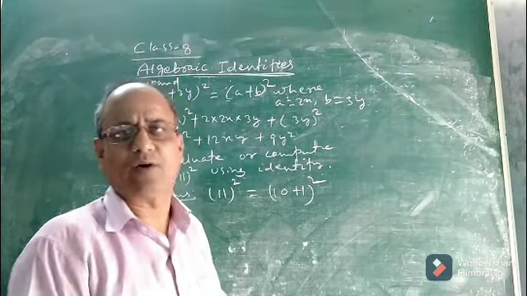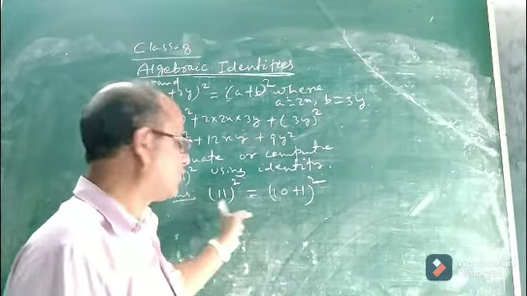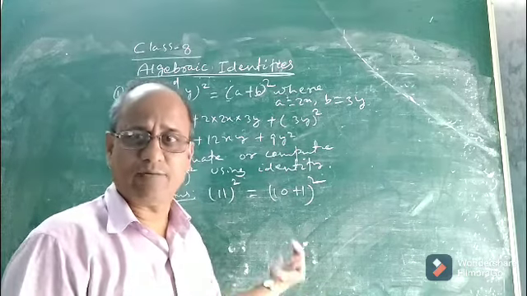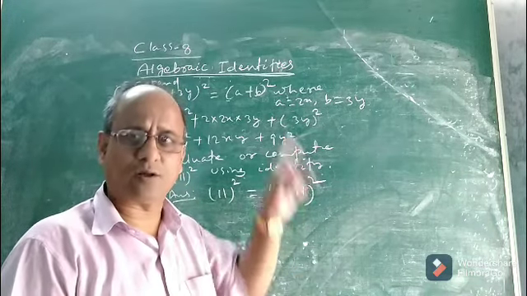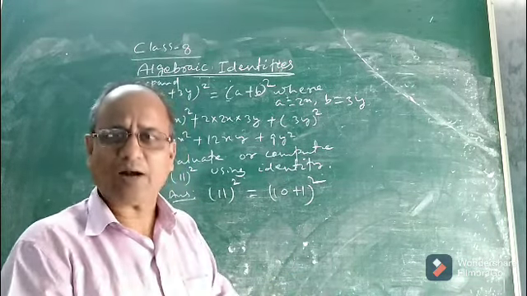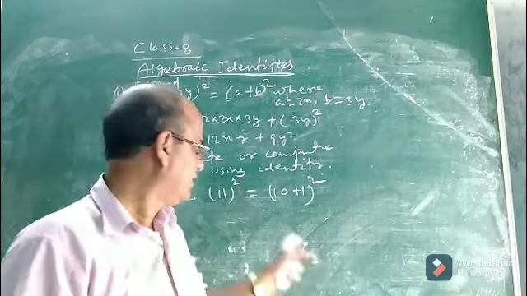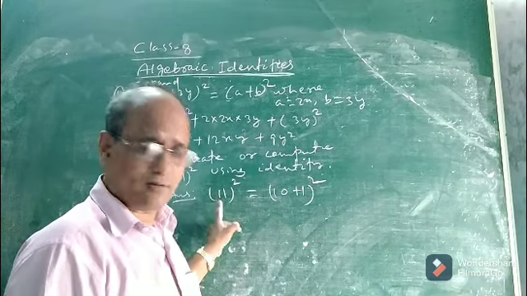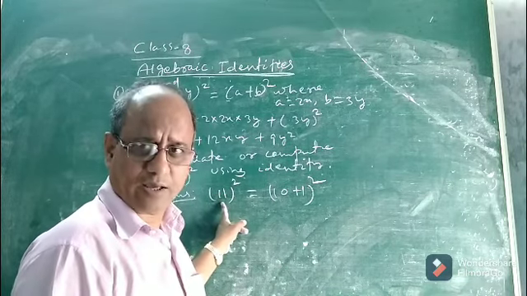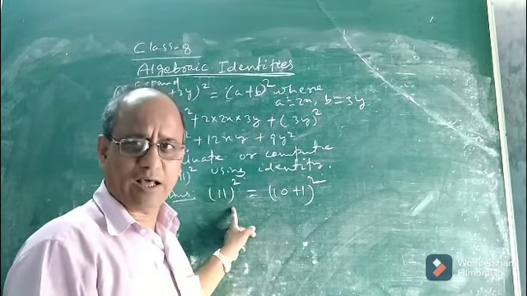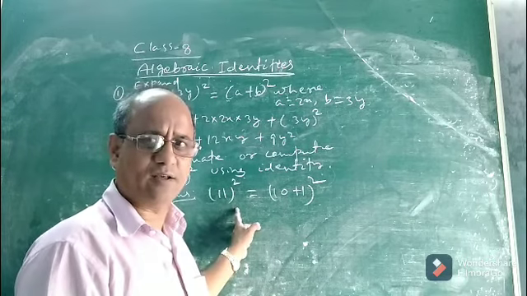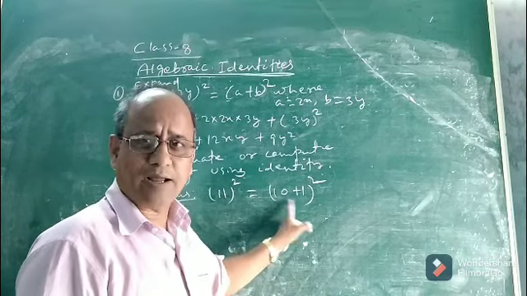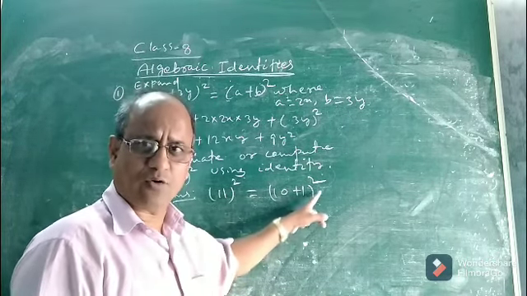So you can ask me, sir, why not 12 minus 1? Yes, 11 can also be written as 12 minus 1 whole square. That is what I wanted to say. We can put this number 11 in the form of any identity we like. Whatever identities we have read, we can use.